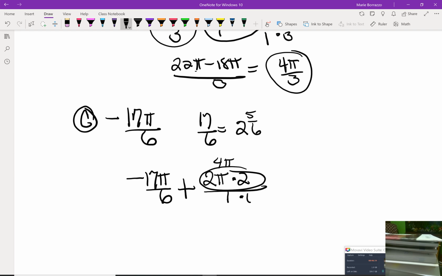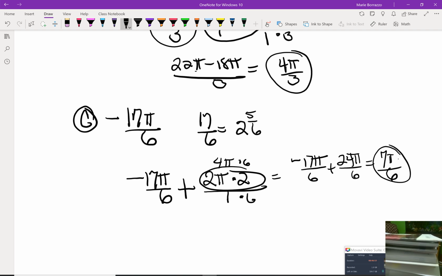If I get a common denominator and multiply by 6 top and bottom, this is going to become negative 17 pi over 6 plus 24 pi over 6, which is going to leave me 7 pi over 6. So 7 pi over 6 is coterminal to negative 17 pi over 6.